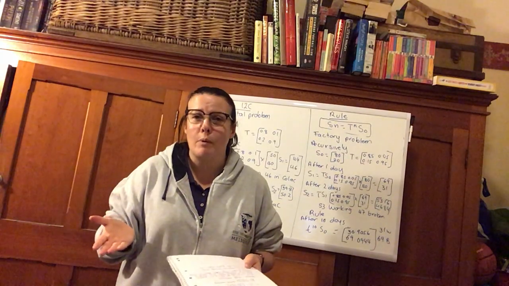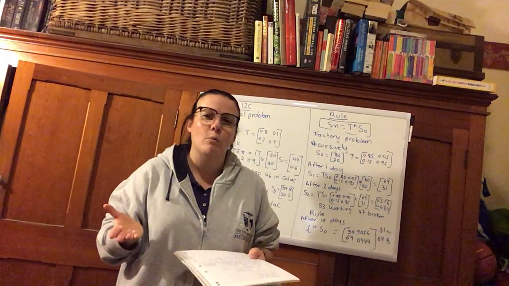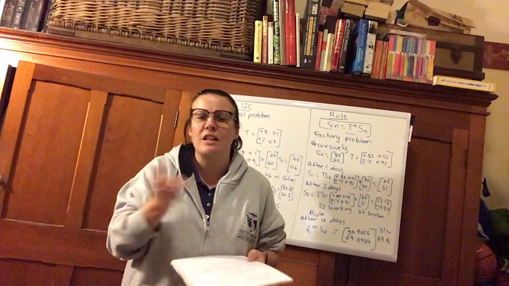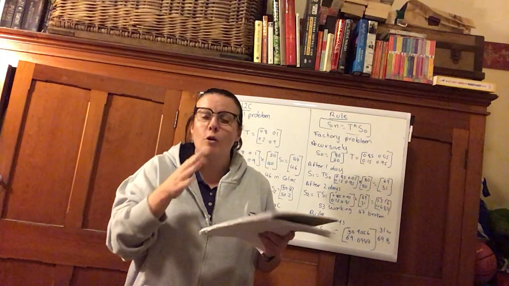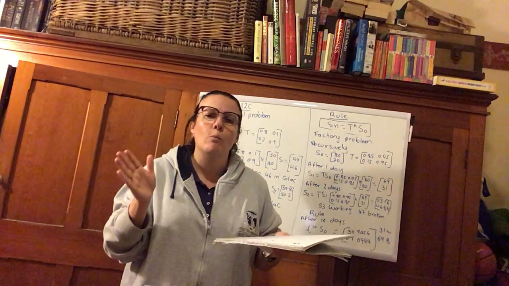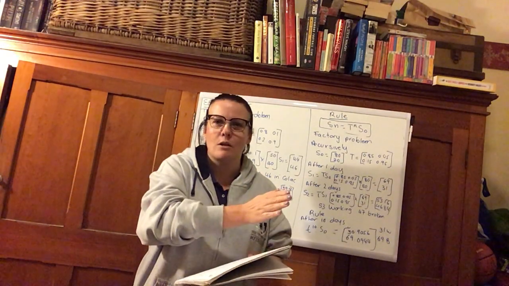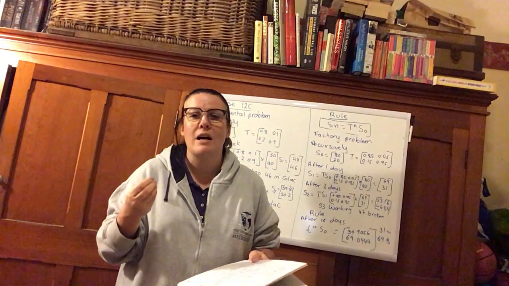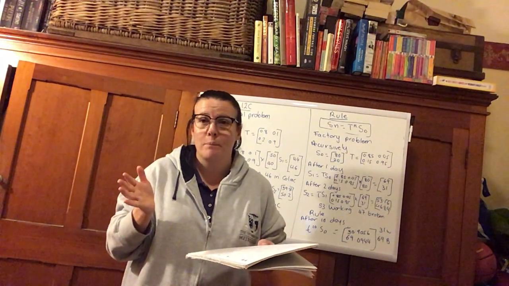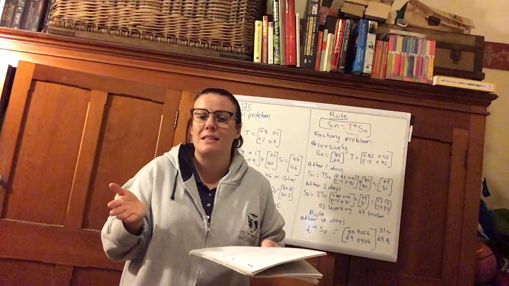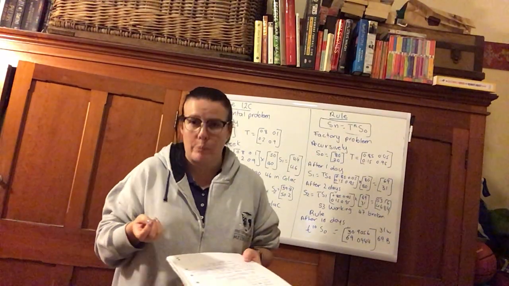That could be a problem. The owner of the company might want to know, is that going to continue? Are all my cars going to end up at Colac? Or are we going to reach a point where the number of cars going to Colac and the number of cars coming back to Bendigo balance out? We reach what's called a steady state, or an equilibrium.